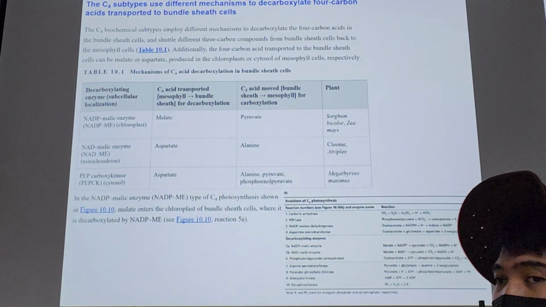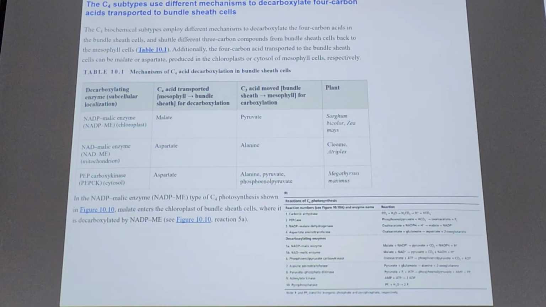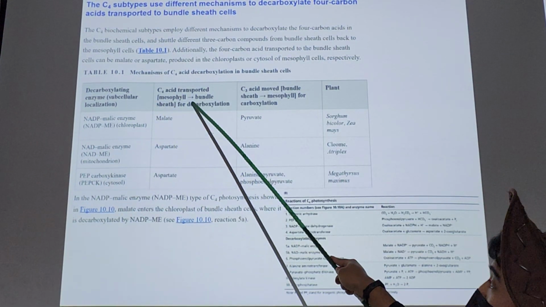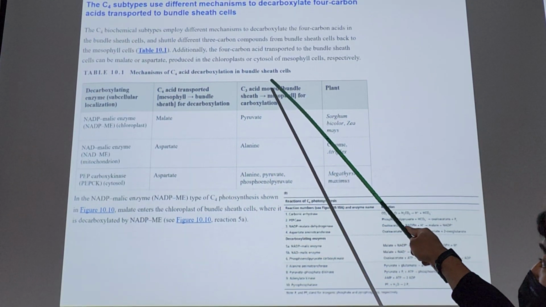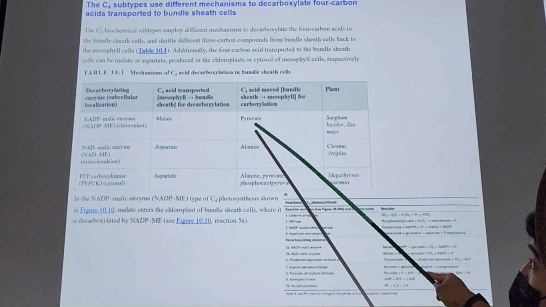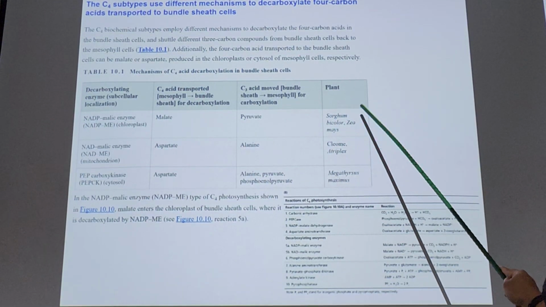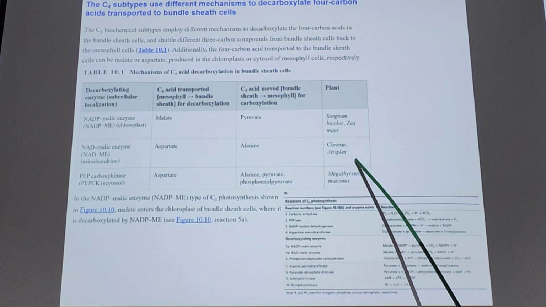The type of plant, the C4 subtypes, and the enzymes that it uses for decarboxylation. For the C4 transport, this uses malate. For the coming back from bundle sheath to mesophyll, it uses pyruvate. Okay, you've got your sorghum, you've got Zea mays, then you've got Cleome, Atriplex.